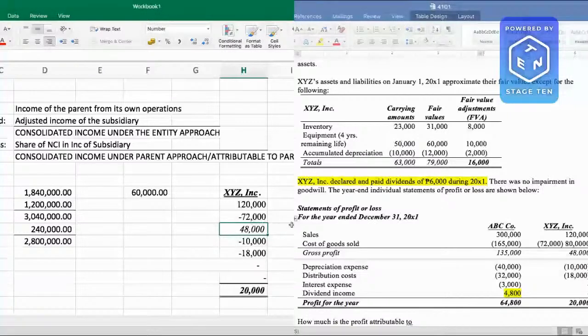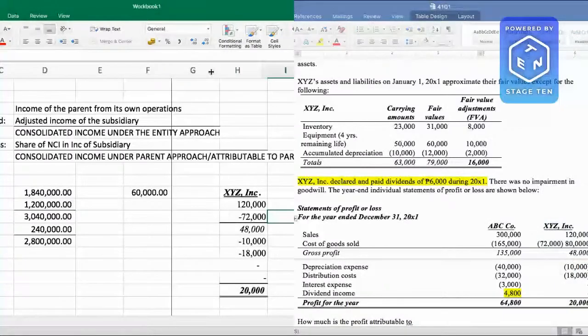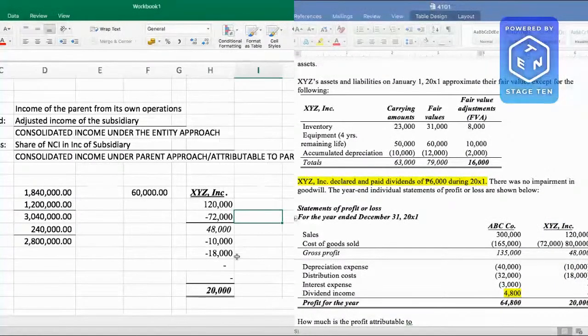Okay. So this here is what is reported by the subsidiary, but the consolidated entity does not agree. The consolidated entity, class, believes that the cost of goods sold should be 80,000.